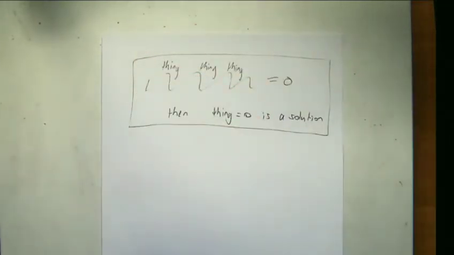That's the general thinking behind all of these situations. So if you have some sort of formula where you put things in and it comes out to zero, in general, thing equals zero is a solution. All right? That's the big idea.